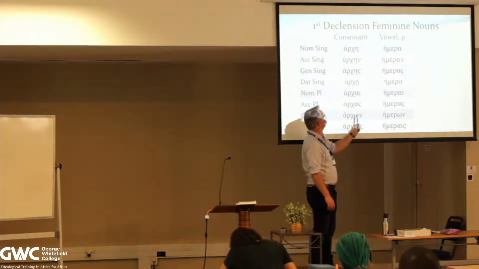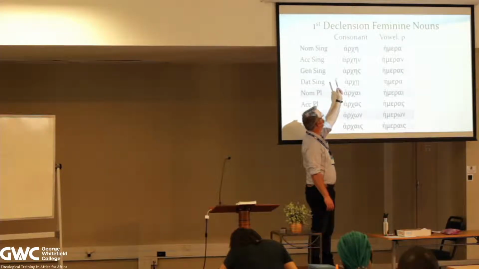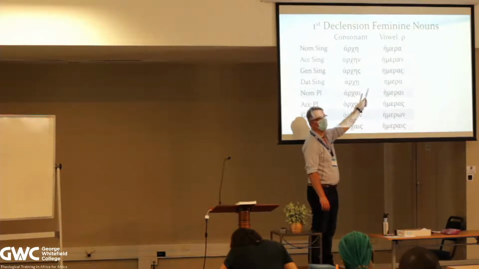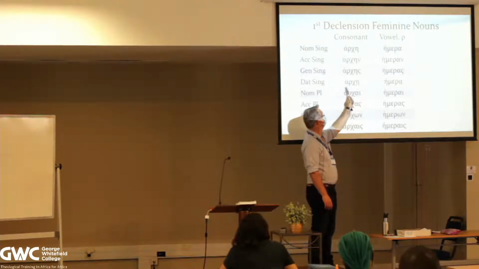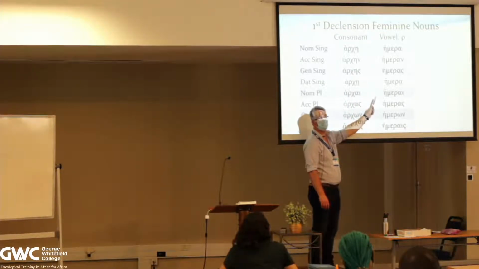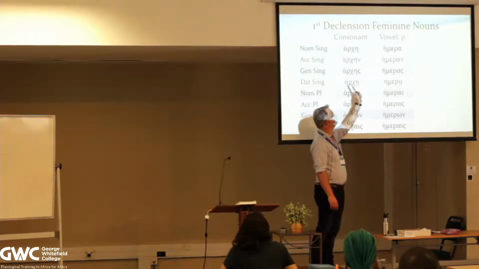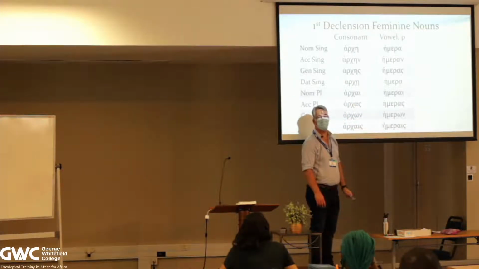When I go up into the singular though, notice I've got arche and then I've got hemera. I've got archen, hemeran. I've got arches, hemeras. I've got arche, hemera. What have I done? What's the difference between the arche paradigm and the hemera paradigm?